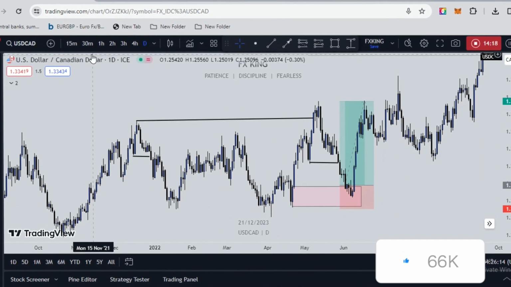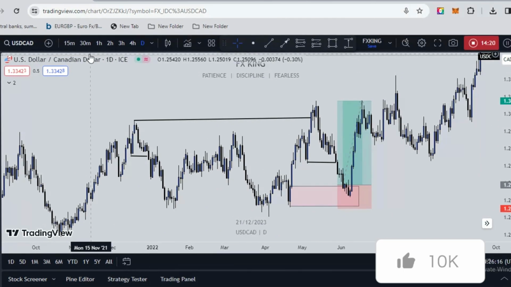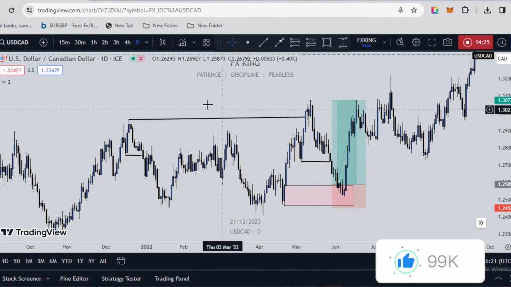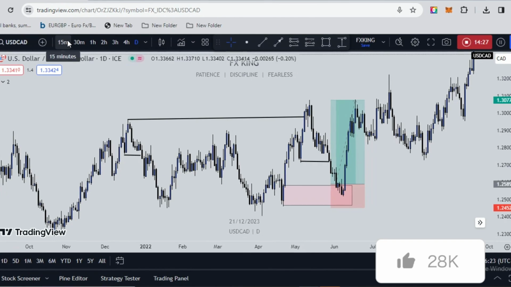So what to do and what not to do during your entries. Let's take a look at this example here. We'll break it down in a smaller time frame so that you should see how you could have entered properly into the trade.